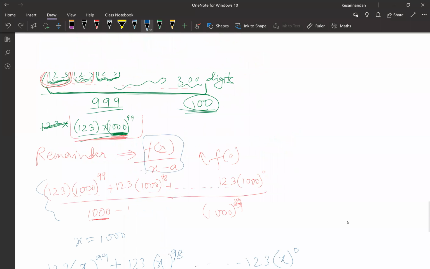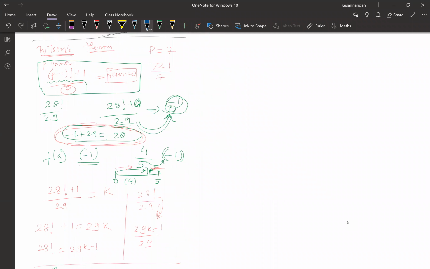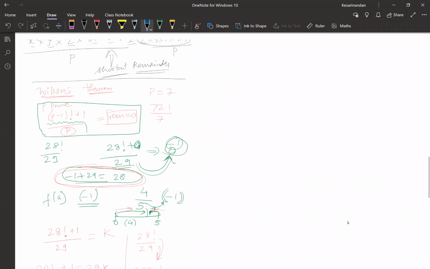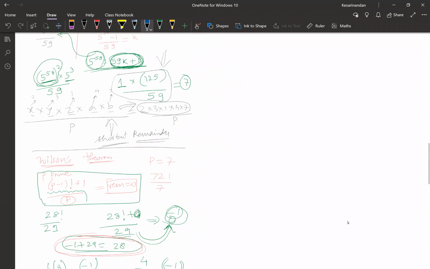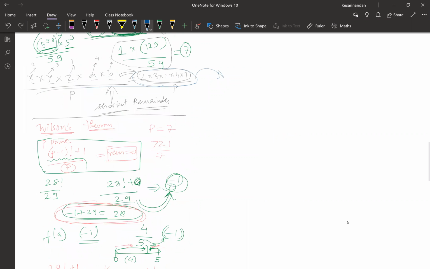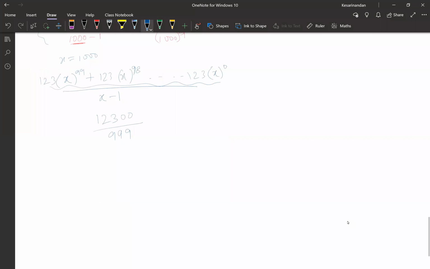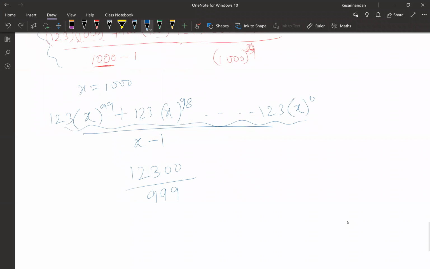Remember what I had mentioned here before? When you obtain a number which is still greater than p, you will have to divide it again. The same thing has to be done here. Now divide it. Whatever you get will be your answer.